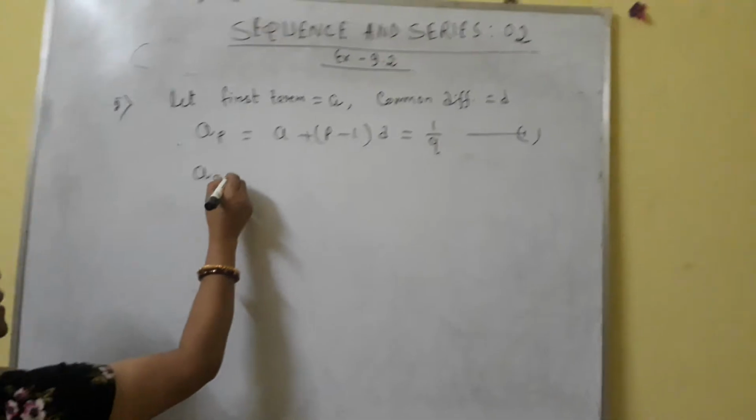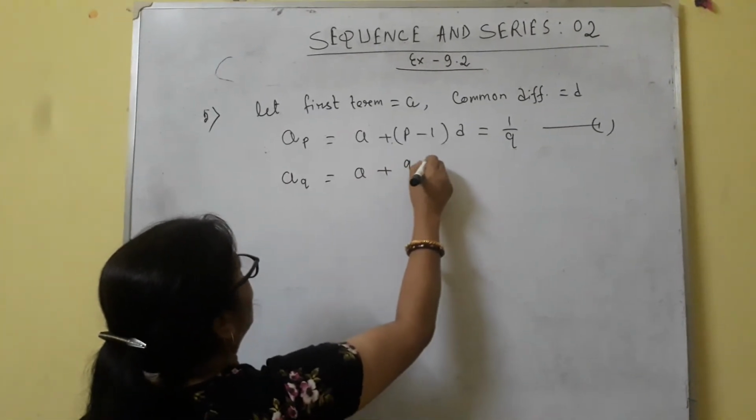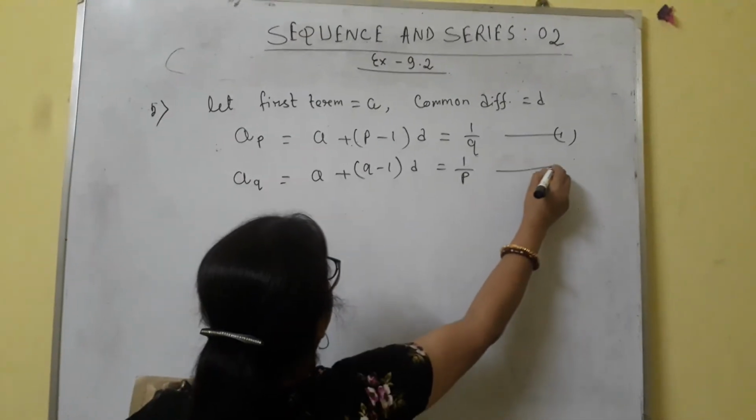The Qth term, AQ, equals A plus (Q minus 1) into D, which equals 1 by P. Equation 2.